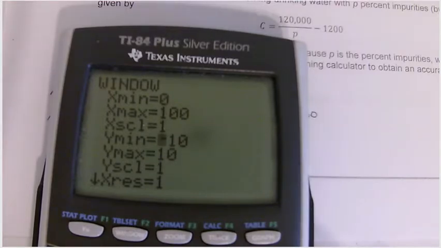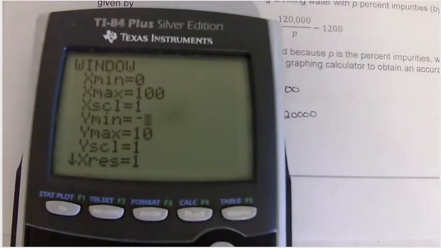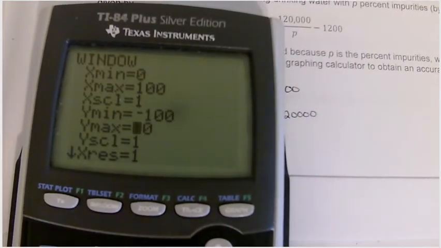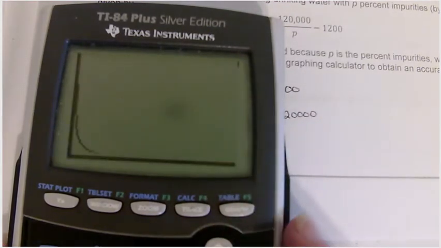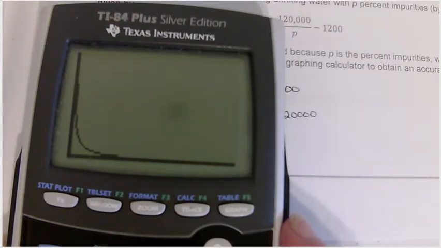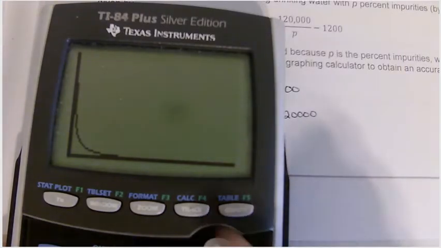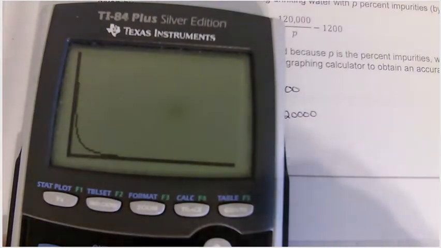And I'm going to do this as negative 100, then 120, 1, 2, 3. Notice that I went a little bit too far. I'm not seeing it really good.